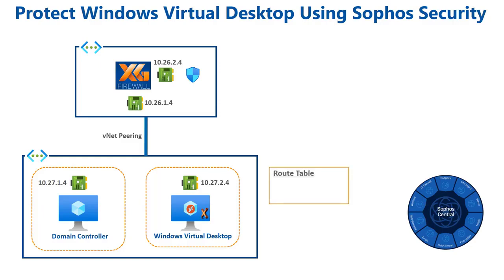I'll configure a route table, however you pronounce that, so that traffic going out to the internet or to other networks is routed through my Sophos XG firewall. That way I will be able to do security checks, gain visibility, and enforce compliance at the network level also. So let's get right into that.